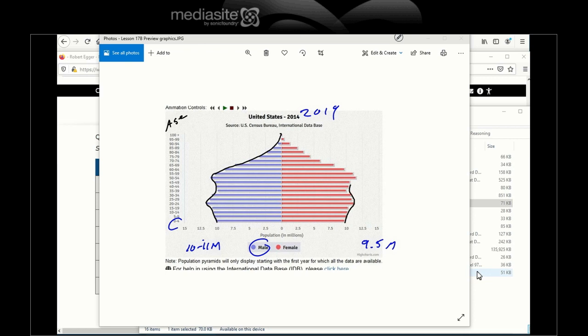Increase, a dip, an increase, and a die-off. And it looks like up to about age... in this region, we stay pretty much even between men and women, about 50-50.